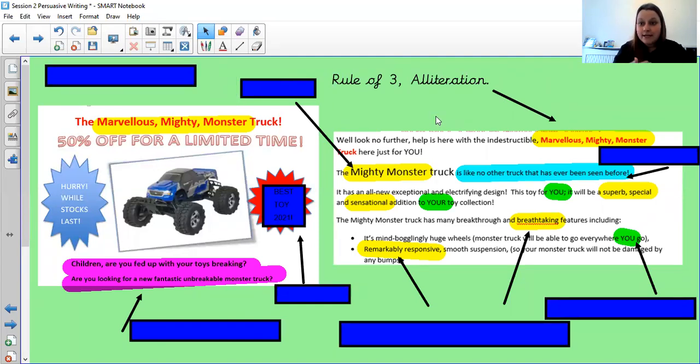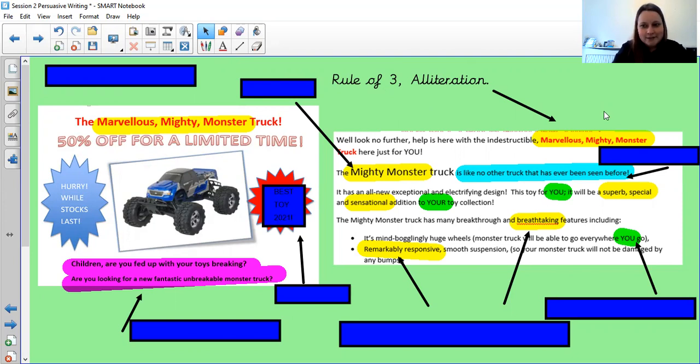So saying three adjectives to describe the truck really makes it stand out. It's also an example of alliteration, as they've used marvelous, mighty, monster.